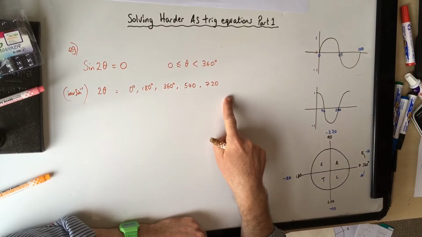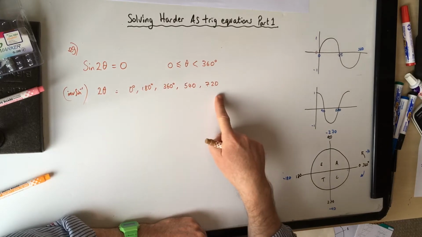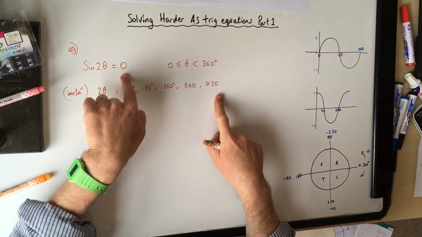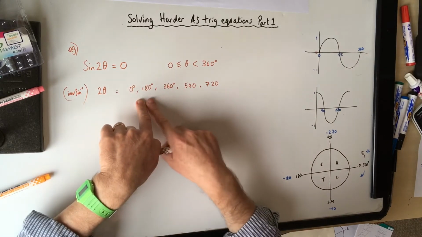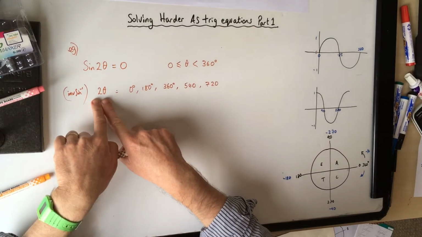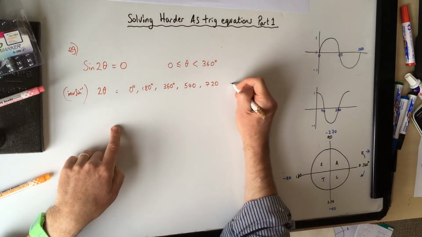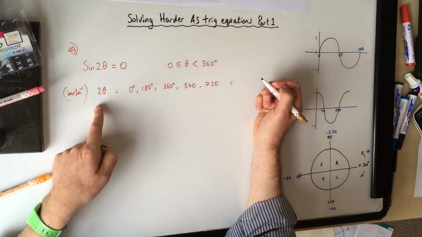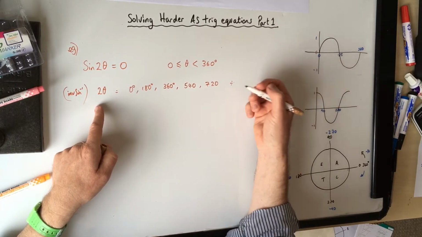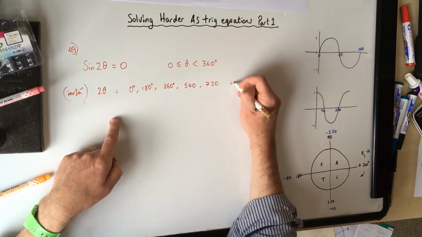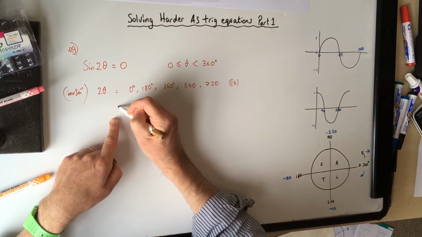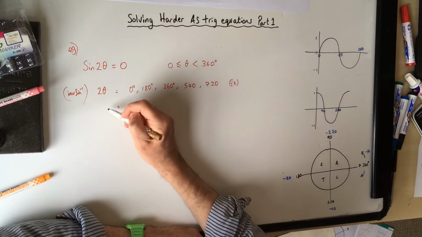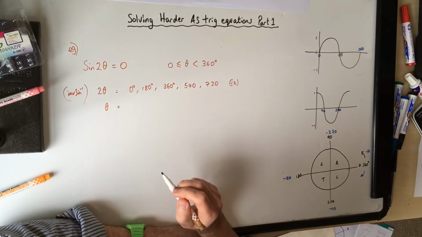The reason I did that is because once I've got all of those values, which are the inverse sine of 0, the last thing I do is divide by 2, as we would do with a normal equation, like 2x equals something, we just divide by 2 to get x equals. So we divide all of these by 2 to get our values for theta.